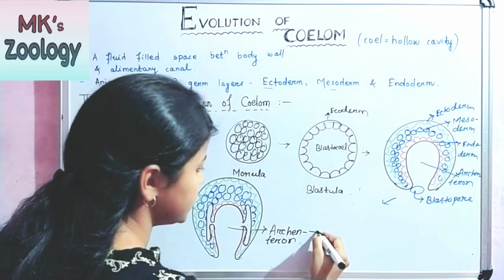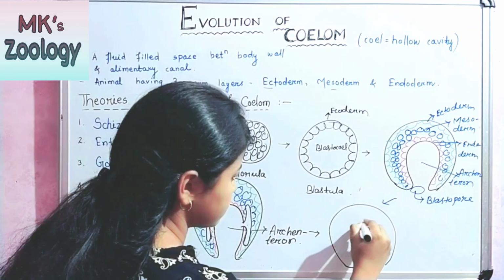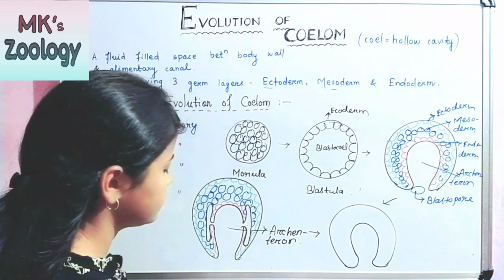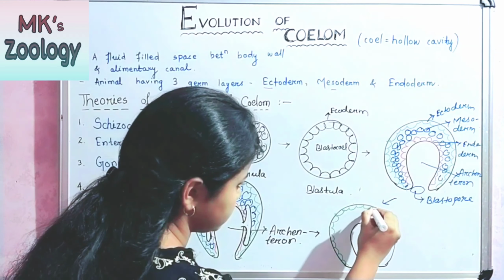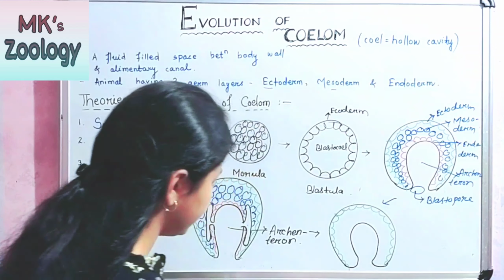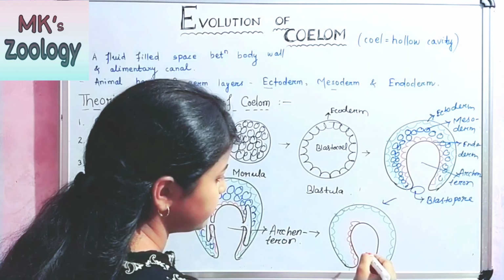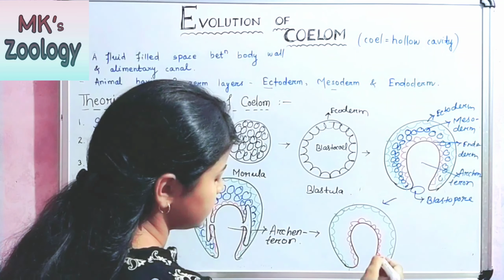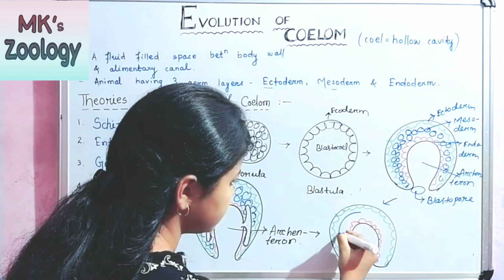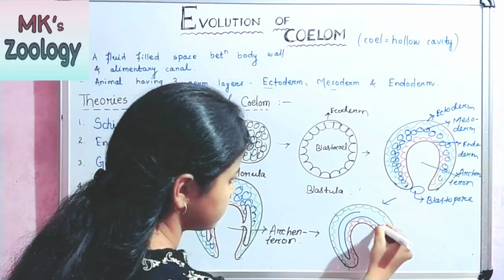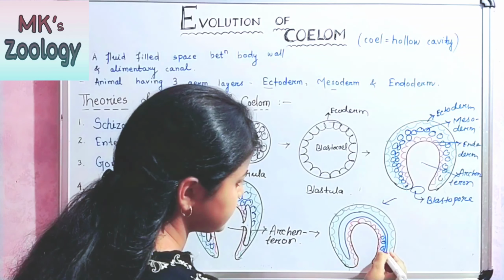In the second stage, this is your endodermal cells, and mesodermal cells are split like here. This is the lining of mesodermal cells.